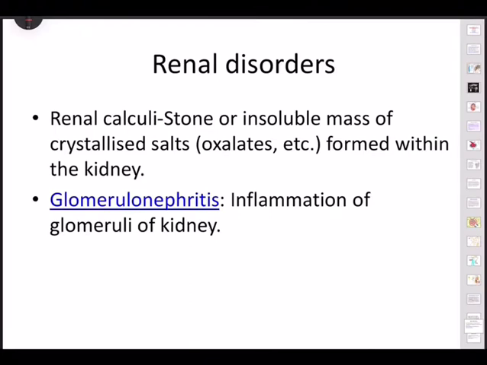A very common one, particularly in North Karnataka, is renal calculi, what we normally call kidney stones. These renal calculi are formed by precipitation of uric acid, and it becomes oxalates.